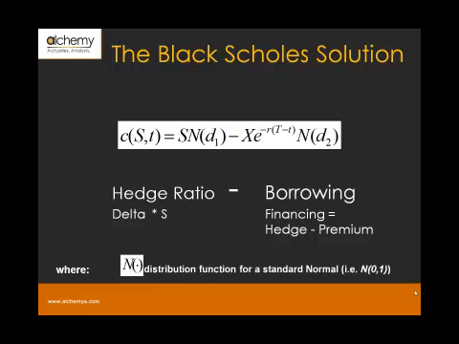So a final variation on our read of the Black Scholes solution is that the first piece of the equation is simply the hedge ratio delta times S, and the second piece is the amount that we have to go out and borrow to finance the hedge so that we can cover the risk of the option exercise if and when the option is exercised.